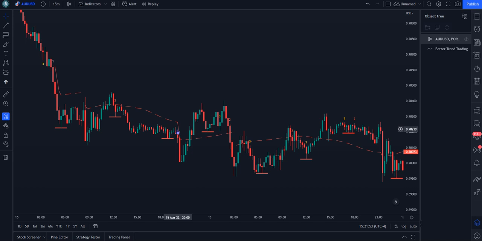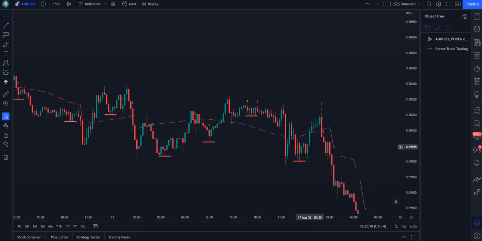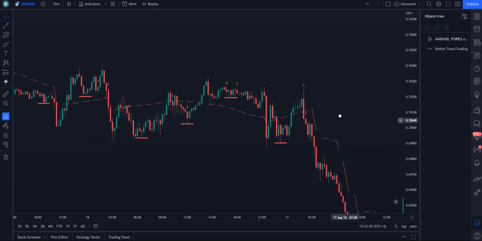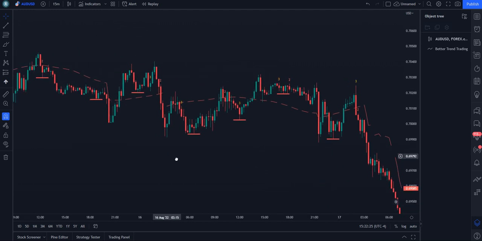This isn't necessary to be used exactly to play off of bounces or anything like that, but it is part of the indicator that picks up the retracements. You'll see many of them, they will happen above the line, where then price will continue down. We can see a 2 here above the dotted line. Price continues down. 2 here, and then so on and so forth. This one just below it, but this one starting this huge move down as well.